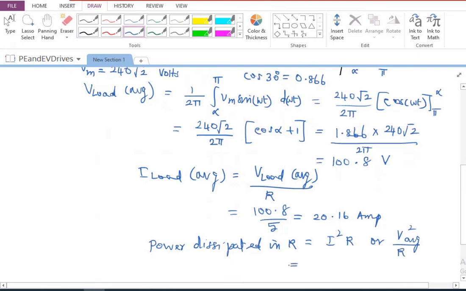And this comes out to be 2032 watts. Which is actually 20.16 whole square multiplied by 5. Or I can also write this as 100.8 square divided by 5. So this is going to be the wattage which is coming across the resistance.